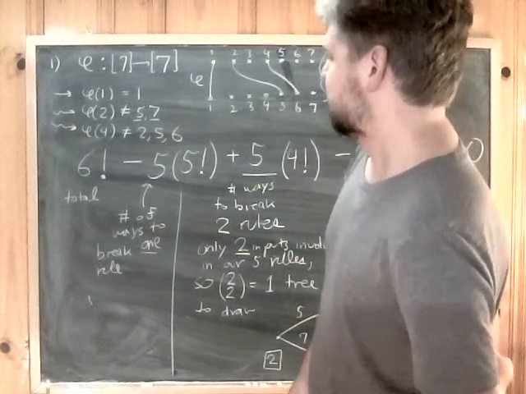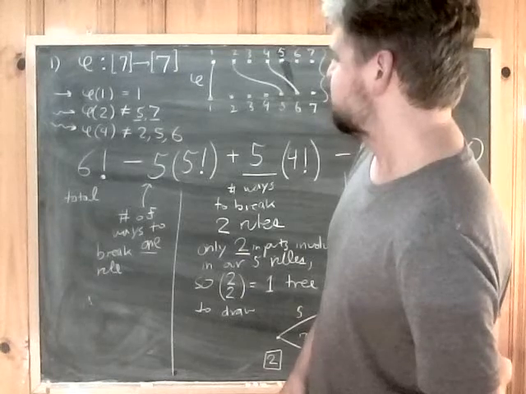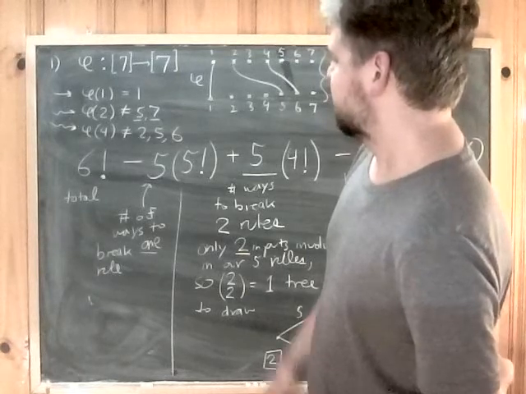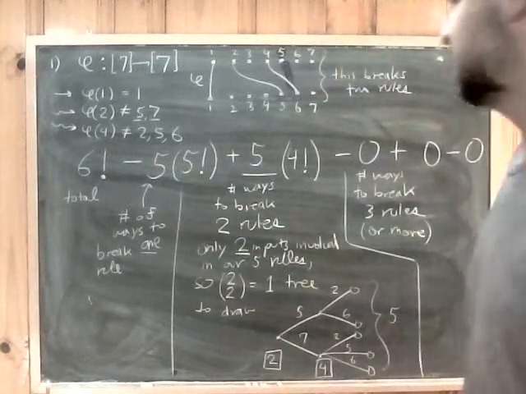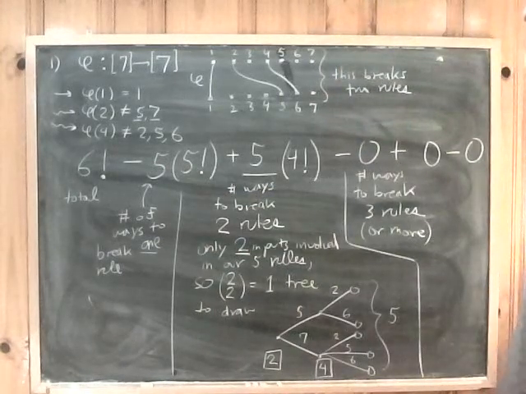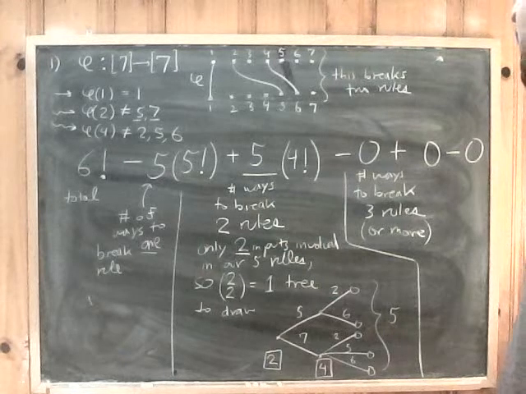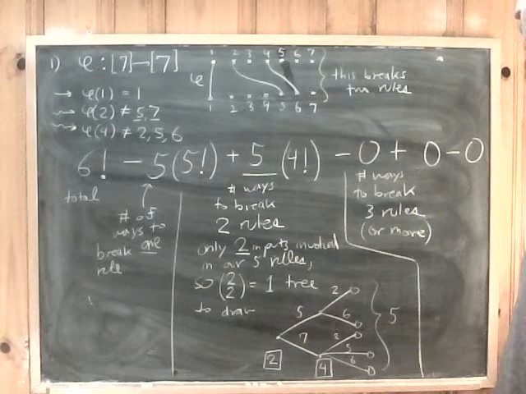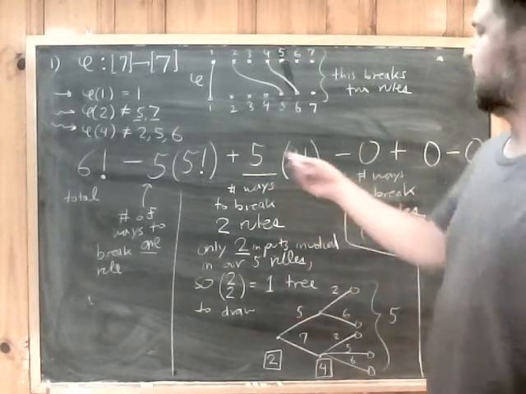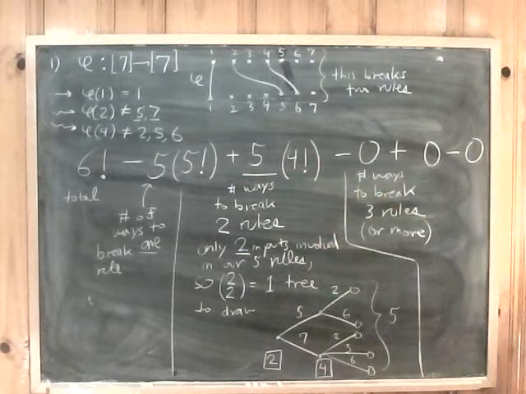So you get 720 minus 5 times 120, so minus 600. So that leaves you 120. And this is plus another 120, 5 times 4 factorial. So you get 240 total.